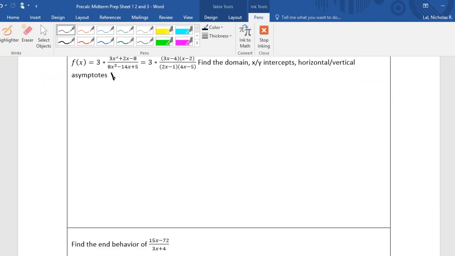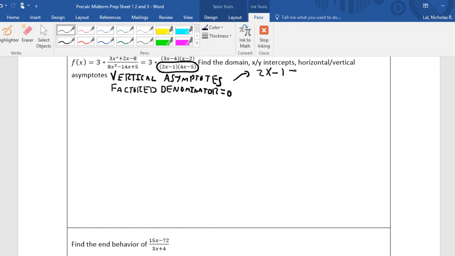To find the vertical asymptotes, I have to set my factored denominator terms equal to 0. So let's see that in action.